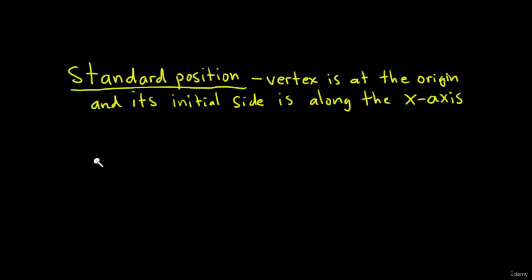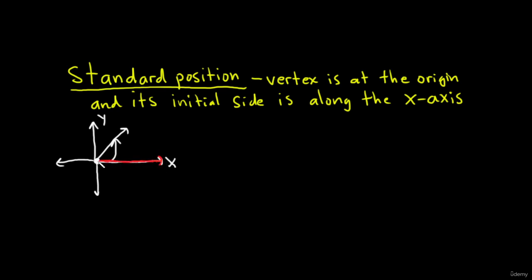So here's an example of an angle. Here's the initial side along the x-axis. And then here's the terminal side. And here's our angle. And I guess you could draw the y-axis here and the x-axis here, and then call this x, and then call this y, just to make it more clear that the initial side, which I'll highlight here in red, is along the x-axis.